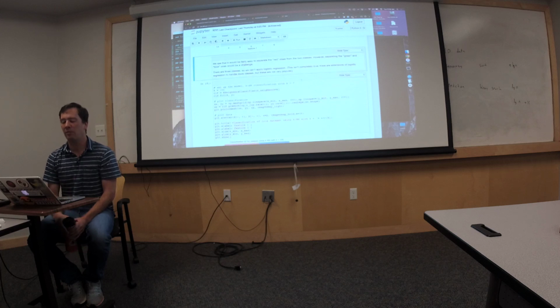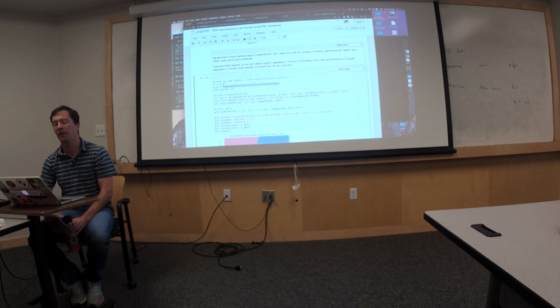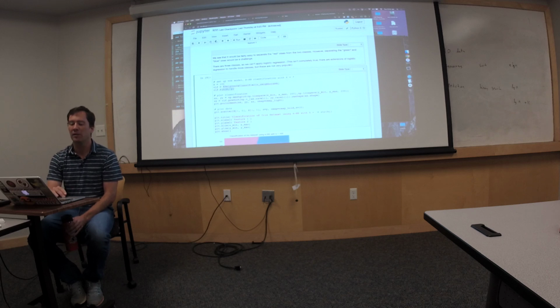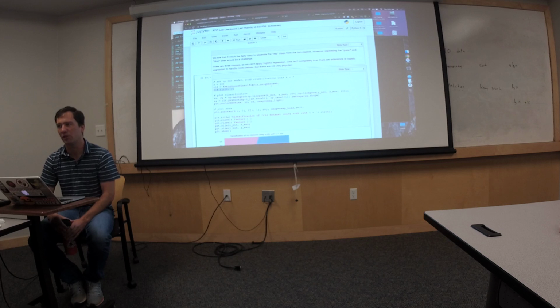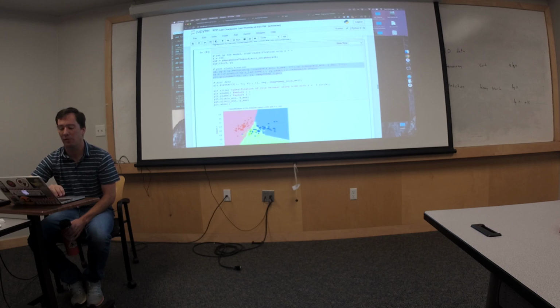Okay. But instead, we're going to use KNN. So we're going to make this KNN classifier. The fitting here probably does something like sort the points or store them in a spatial partitioning data structure. And then we'll do the same plotting thing, and then we'll draw the points.